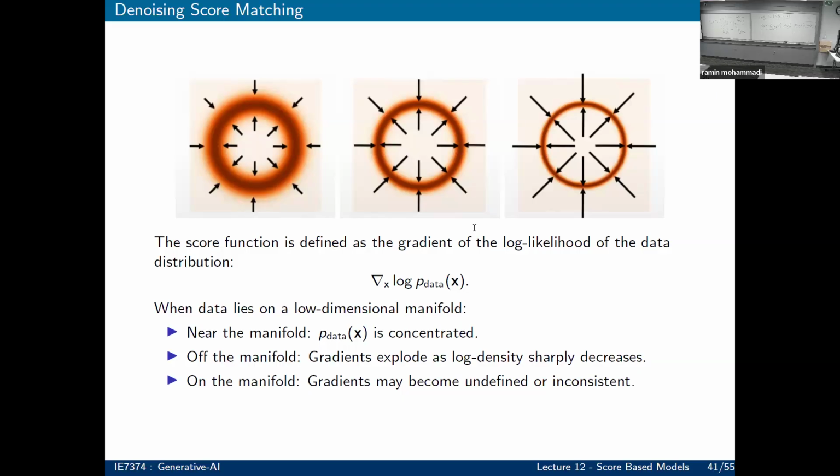As we train and learn better and better, what happens to the probability density? It becomes thinner and thinner, right? Because we are learning better about that distribution. So as these rings become thinner, what happens to the gradient?